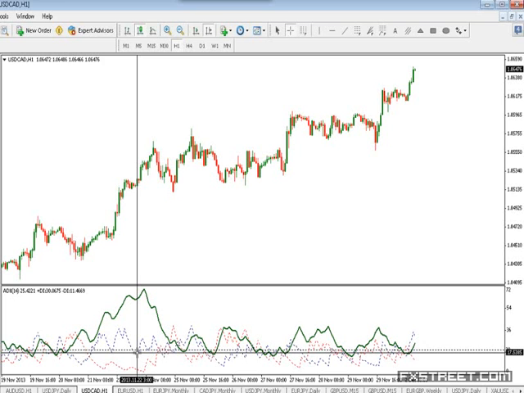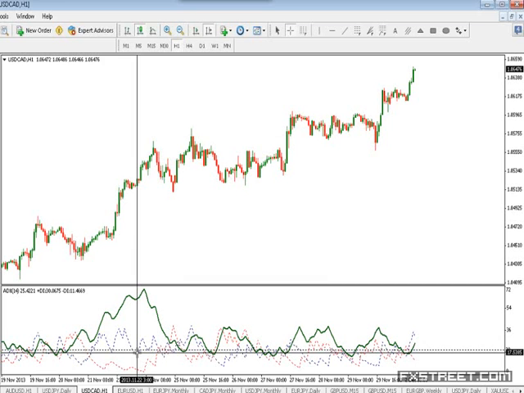That's one. And if it's expected to move out, it means that a trend is expected to start. Alternatively, if your ADX is in the overbought area, overstretched very high, it means that the trend is about to finish. It means that the trend has stretched itself and you are looking for a pullback or a retracement.